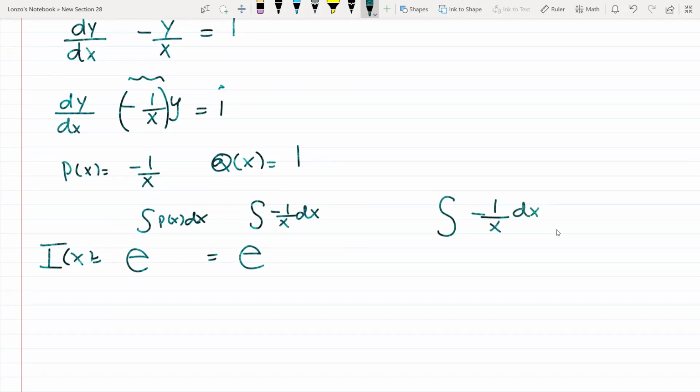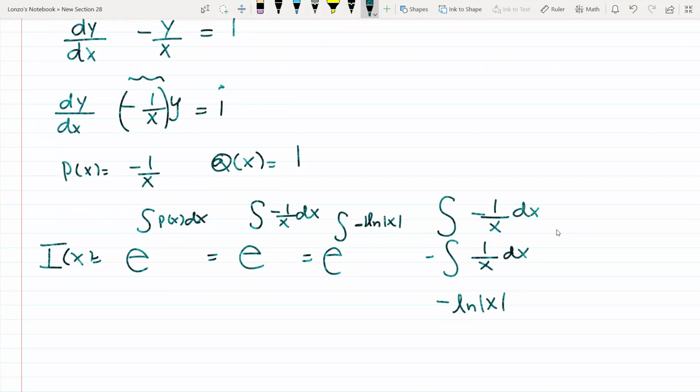Well, you have a constant, so you can take that out. You have 1 over x dx, and the integration of 1 over x is just the ln of absolute value of x, and then you have a minus. So this simplifies as e to the negative ln of absolute value of x. Do you see this minus?